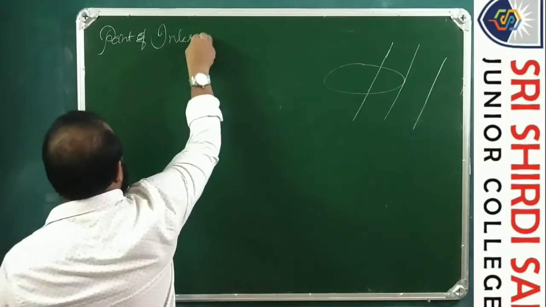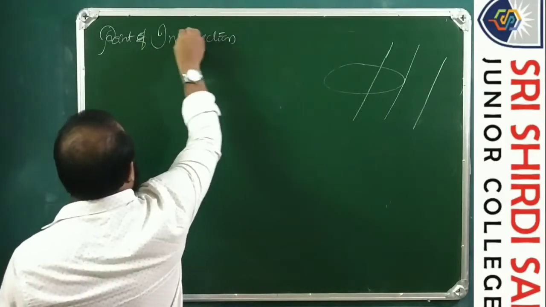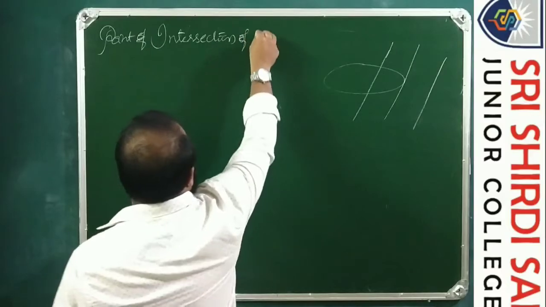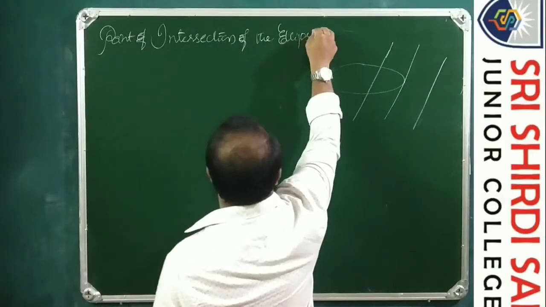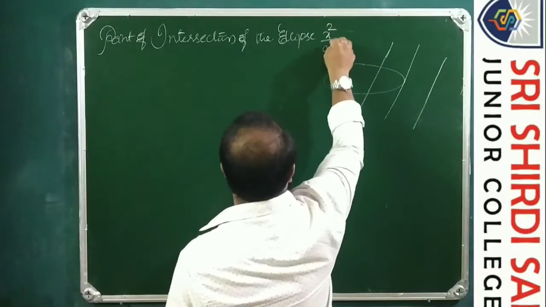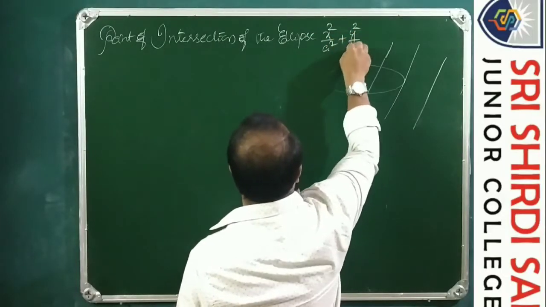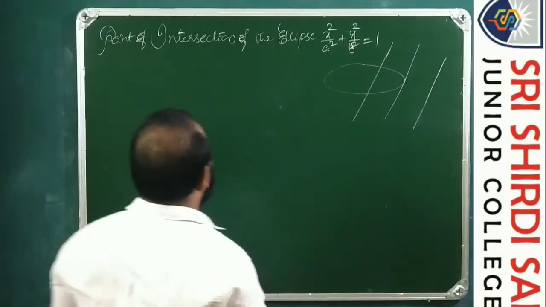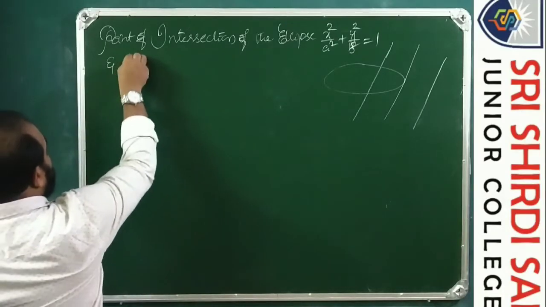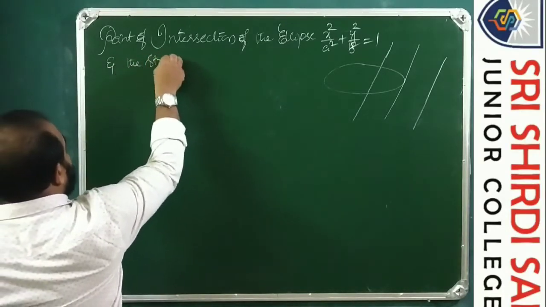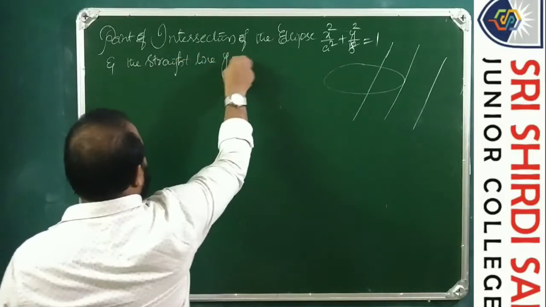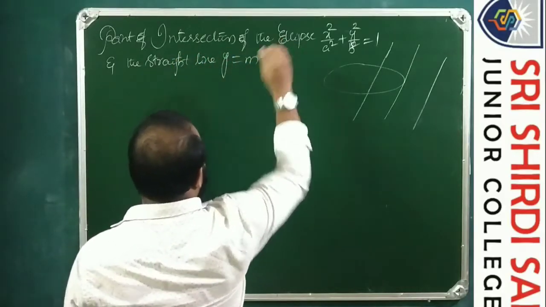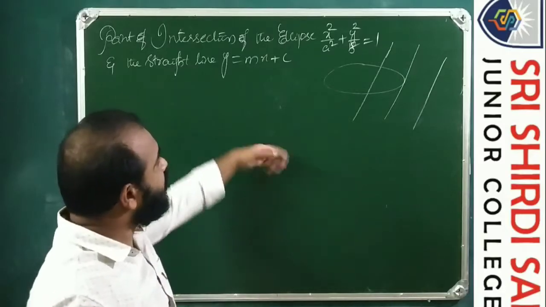So let us see the point of intersection of the ellipse x square by a square plus y square by b square equals to 1, and the straight line y is equal to mx plus c. First let us solve these two.